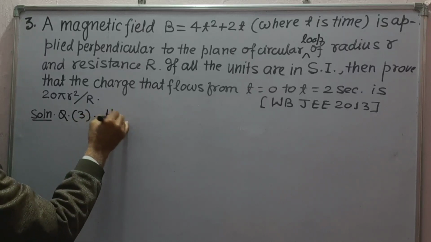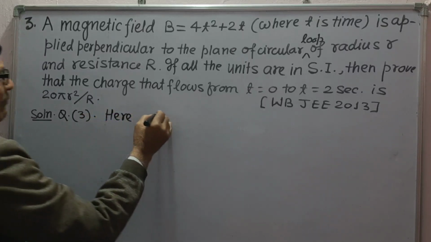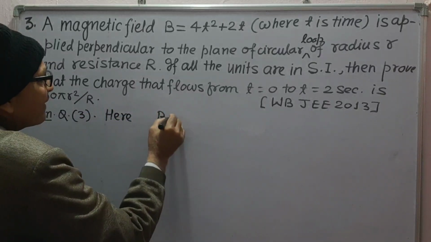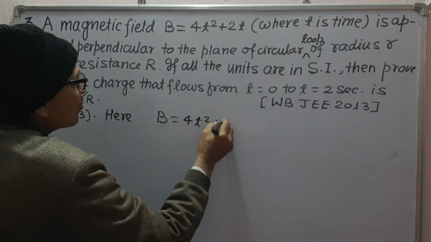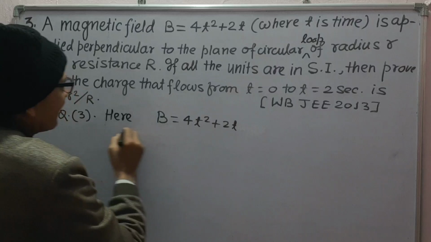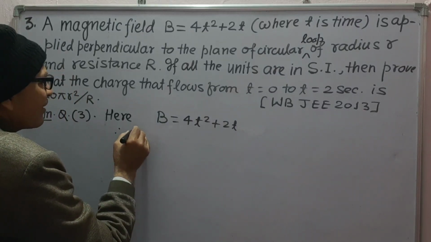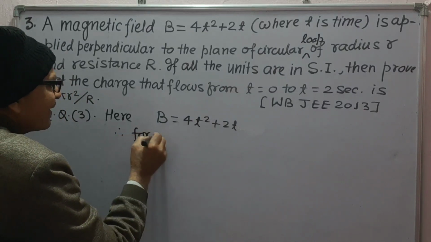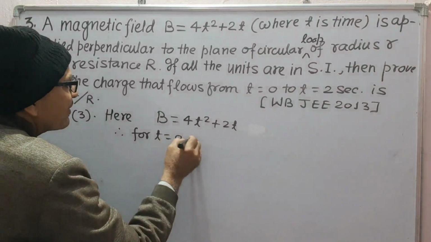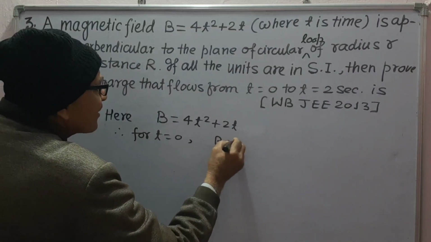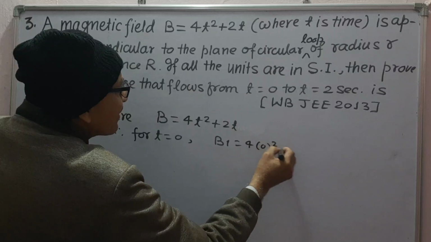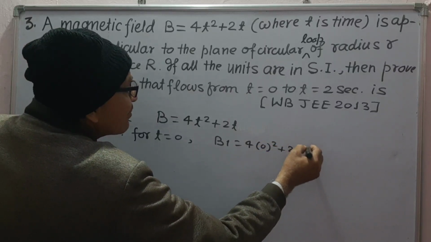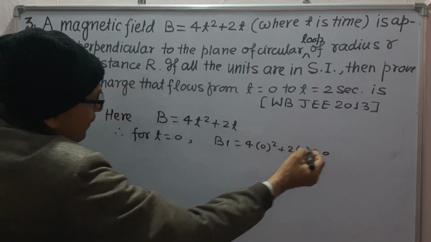Here magnetic field B is given to be 4t square plus 2t. Therefore, for t is equal to 0, B1 will be equal to 4 into 0 square plus 2 into 0, means 0 Tesla.